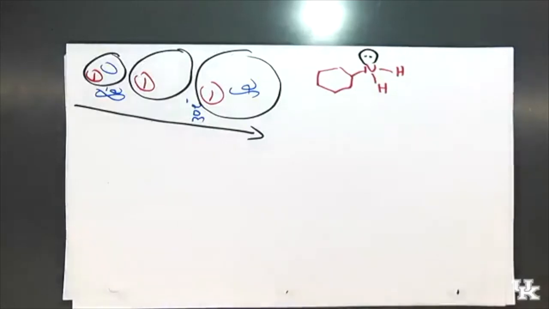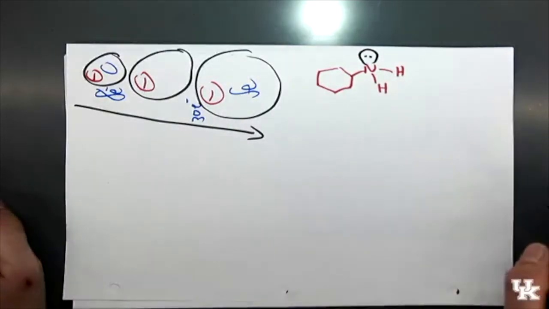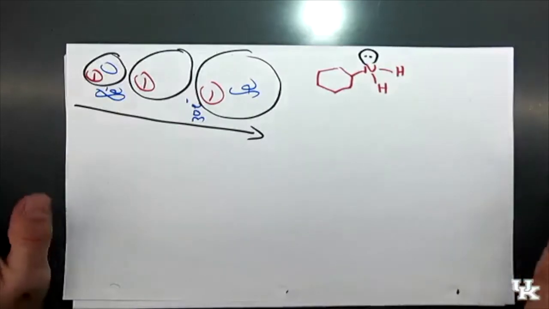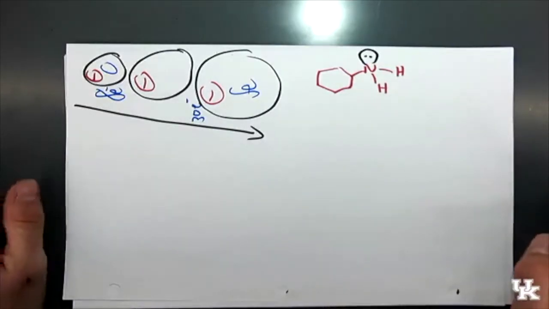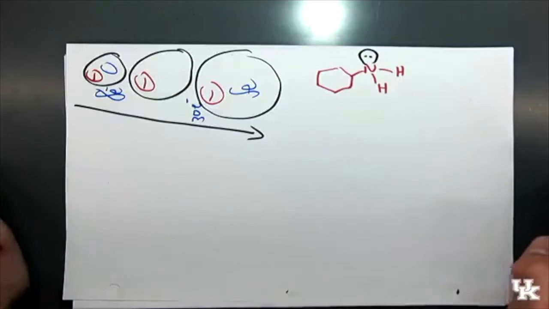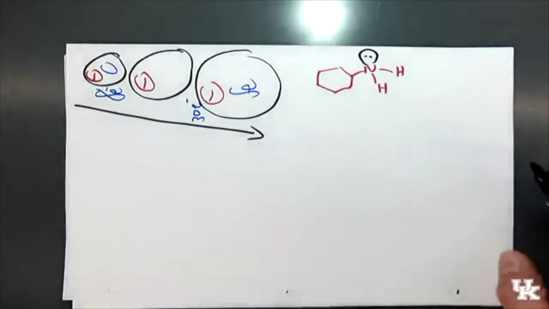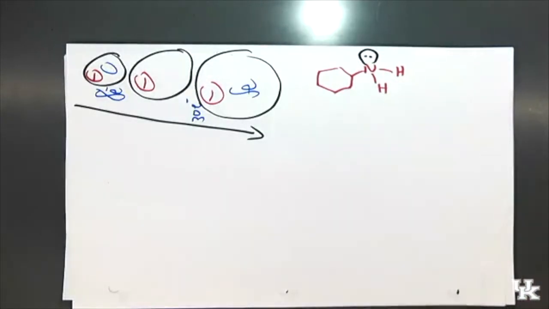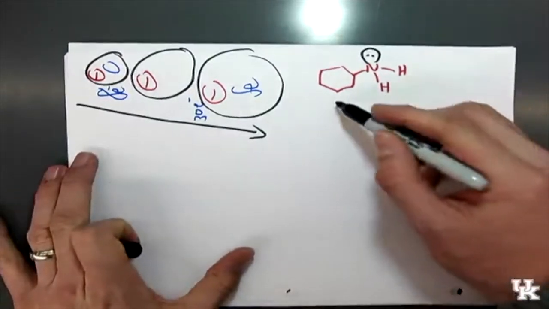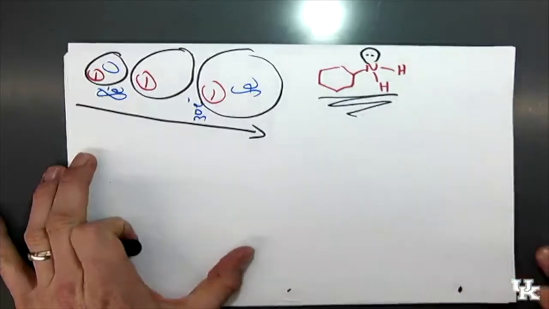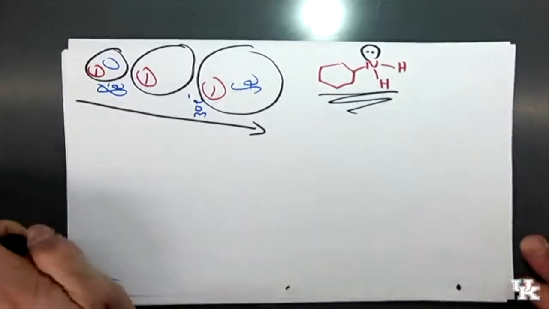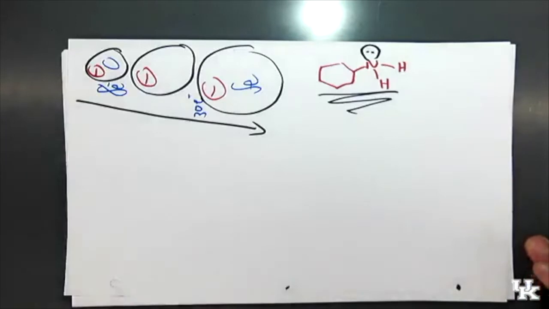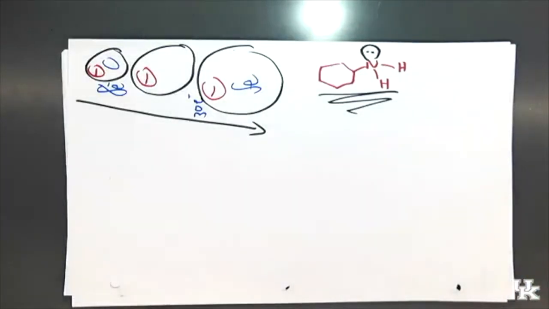All right? However, we all know from several of the homeworks and several of the other problems that you've worked in your book that nitrogen p orbital lone pairs like to delocalize, don't they? And it turns out that essentially this type of molecule is the strongest an amine can be in terms of basicity because that lone pair in the p orbital really likes to act as a base.